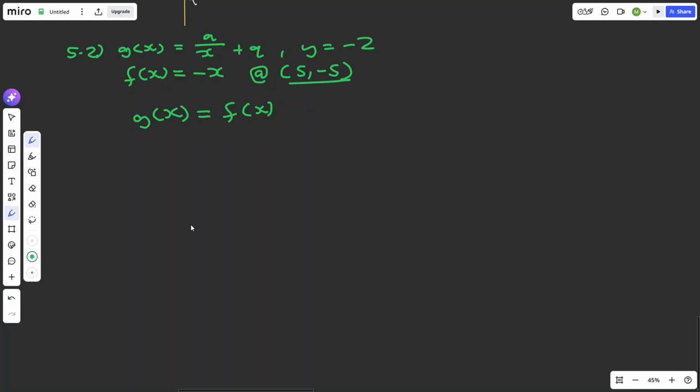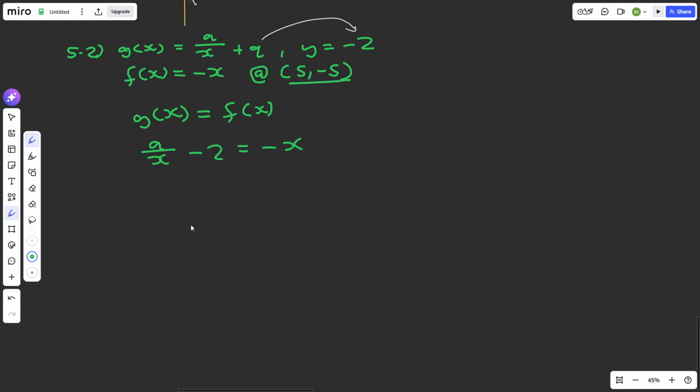For the hyperbola, we are given that the asymptote is -2, which we're going to include now. Firstly, let's write down what we're given. For g of x, we have a divided by x plus q. But what is that q? That q is the asymptote. So now we're going to replace q with -2, and then we equate to f of x, which is equal to -x.